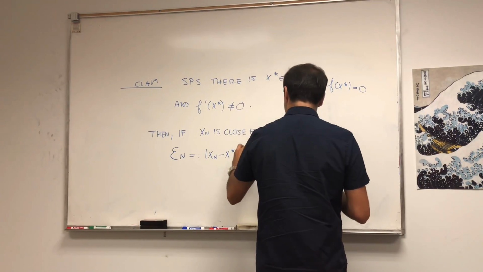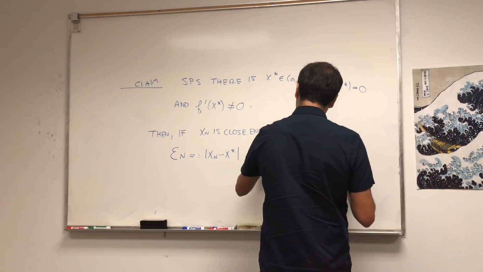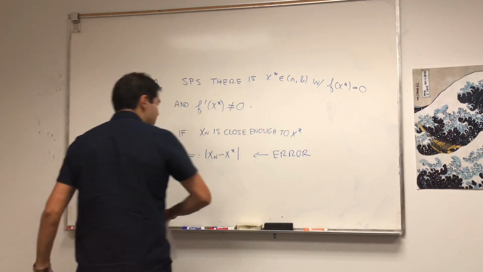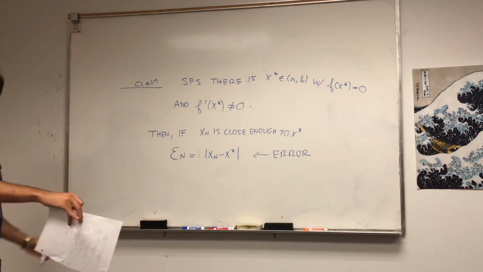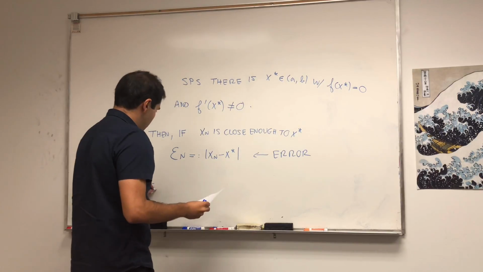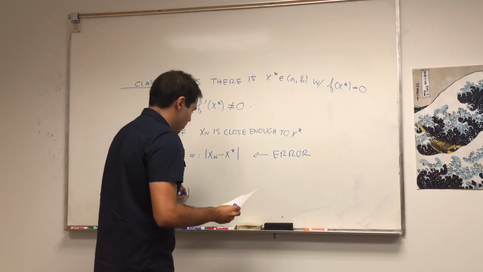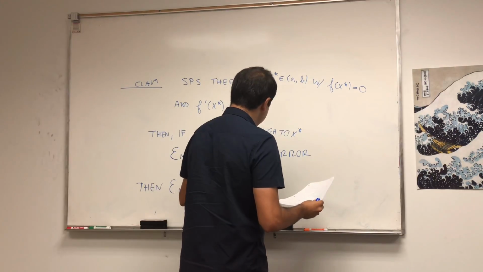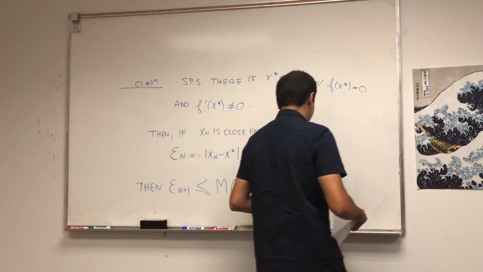Think of it as the error. Then I'm going to show you that the error in the next iterate is much, much smaller. Then epsilon n plus 1 is less than or equal to M times epsilon n squared.